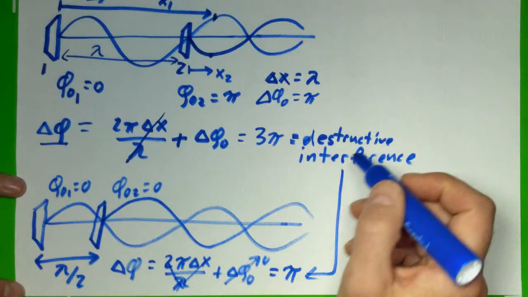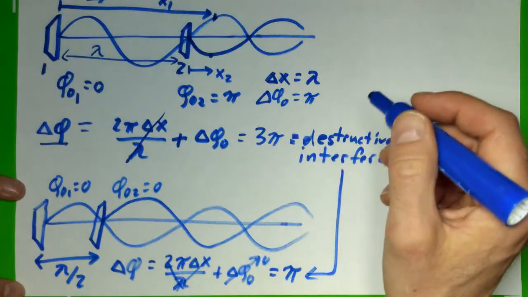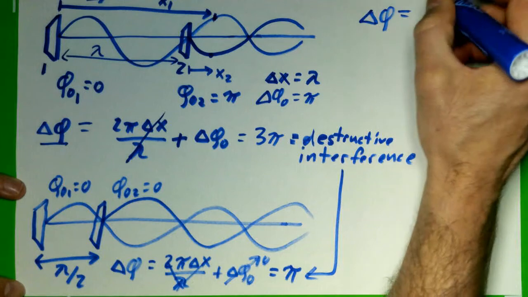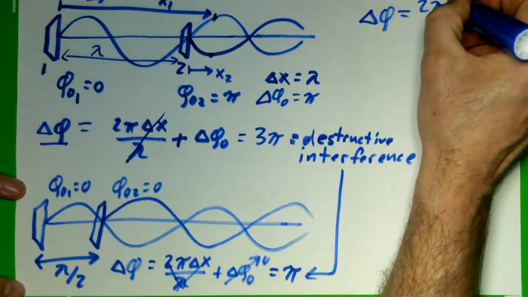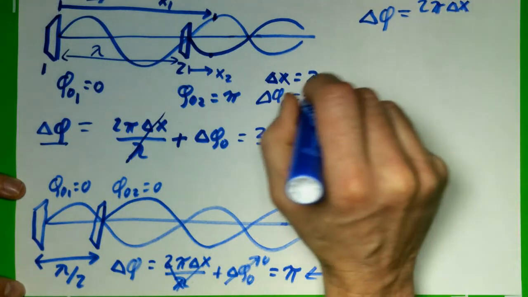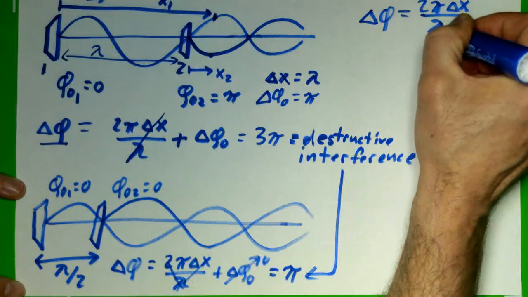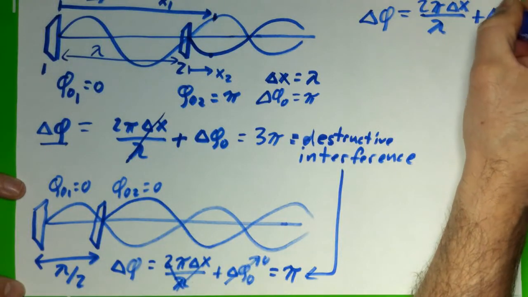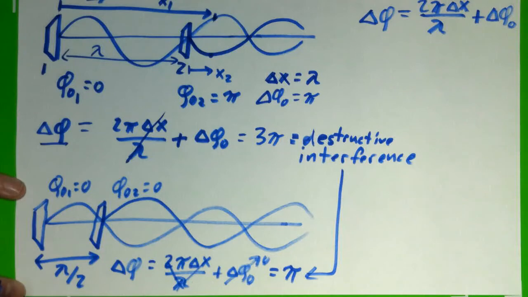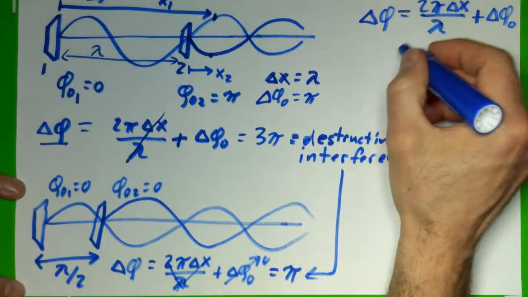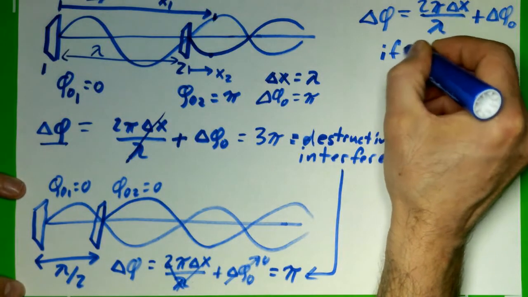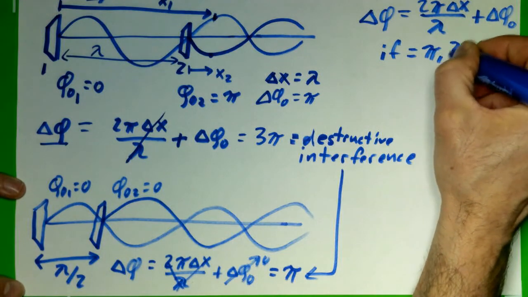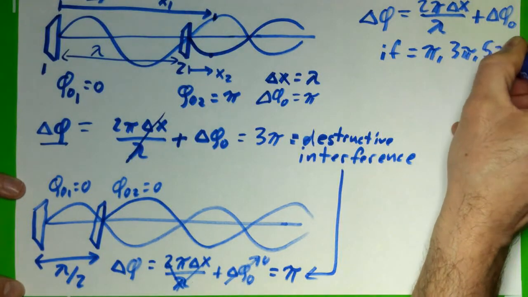Okay. So destructive interference is the case where our change in phase, which will equal the contribution from how far apart the sources are as a function of their wavelength, or what fraction of a wavelength, plus how different their phase constants are, equals pi, or 3 pi, or 5 pi.